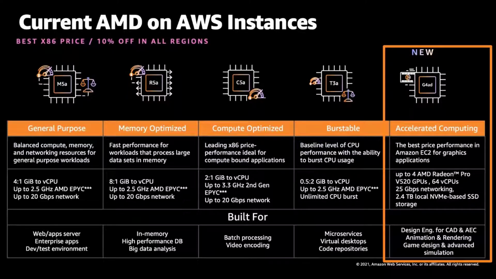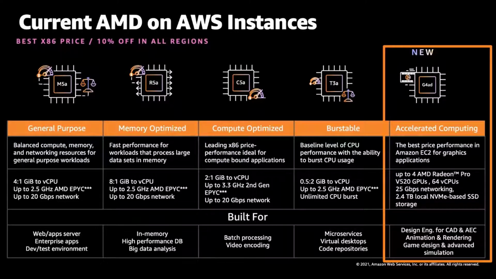The compute optimized instances have a 2:1 memory to vCPU ratio and operate at a clock speed of up to 3.3 gigahertz. Remember from the prior slide that the compute-based instances are on the second generation EPYC 7002 processor.